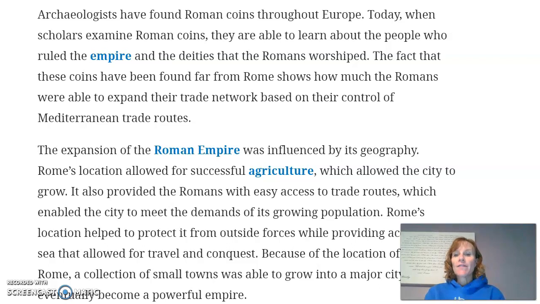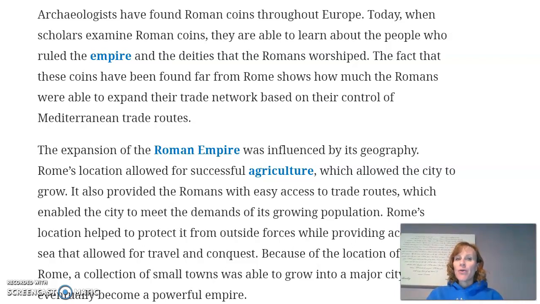So, this paragraph is saying that the archaeologists, the people who study the past, found Roman coins not just in Rome, but all over Europe. So when scholars or the historians, the people who are trying to learn, look at the coins, they can tell who ruled the empires, who were the kings, who was in charge, who were the gods and goddesses that they worshipped because their pictures are on these coins.